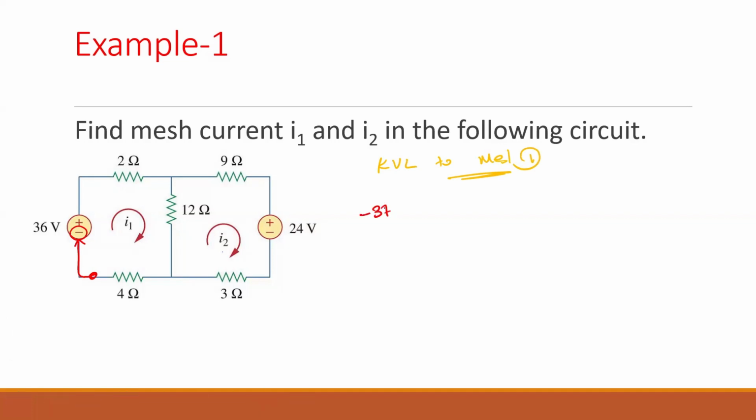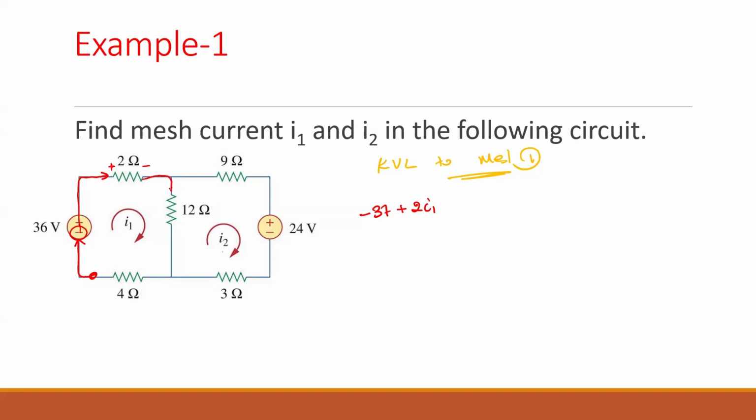We are using the theory that we learned in week 1. Then we go towards this. When we have a resistor, it is consuming energy, so the current is going into the positive side. So this will be plus 2 times I1. Why 2 times I1? Because voltage is current times resistance.